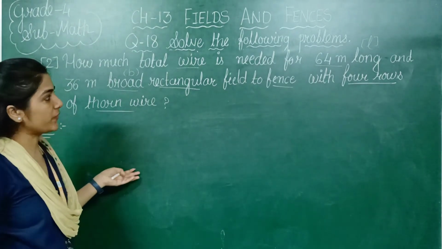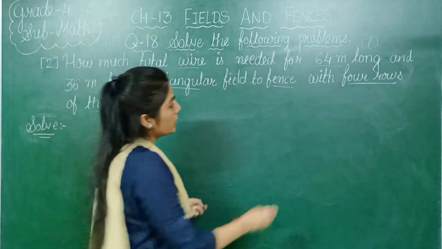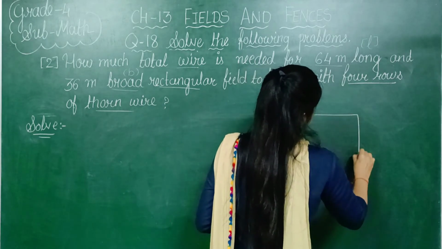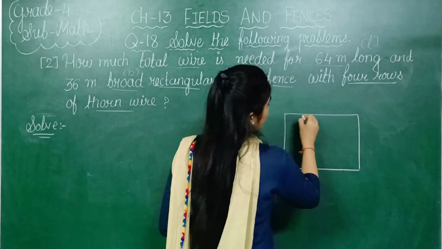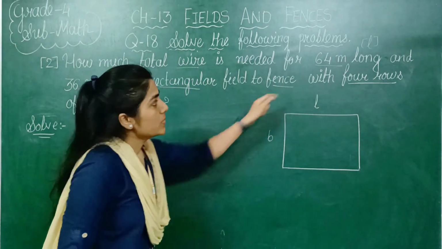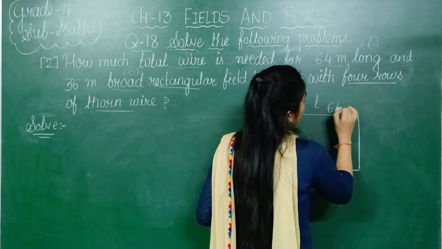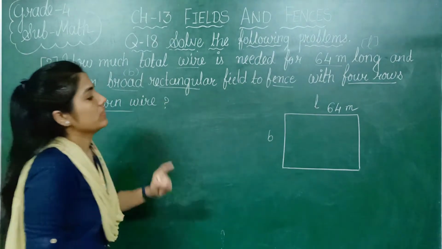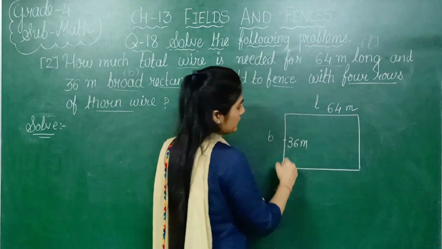See, already it is given that it is a rectangular field, so obviously this is the shape of a rectangle, and in the rectangle this is length and this is breadth. So 64 meter long means length is 64 meter, and 36 meter broad means breadth is 36 meter.